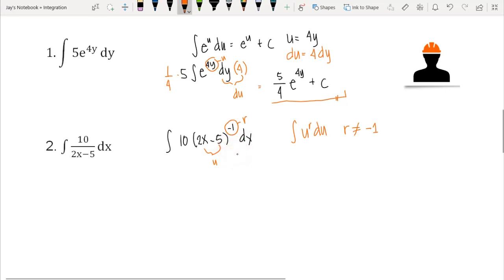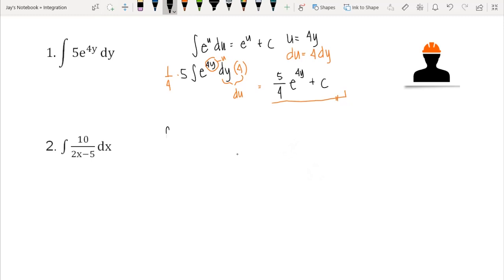So we can try to check whether it satisfies the integration rule, that is the integration of du over u, and that is the natural logarithm of u plus c. So let's check. In this case, our u is 2x minus 5 because that's the only expression in the denominator, correct?